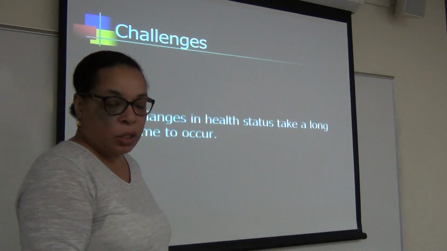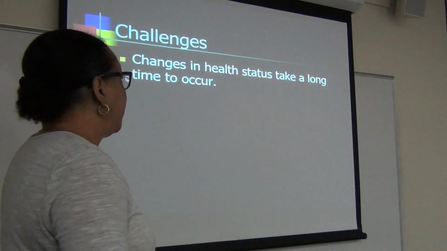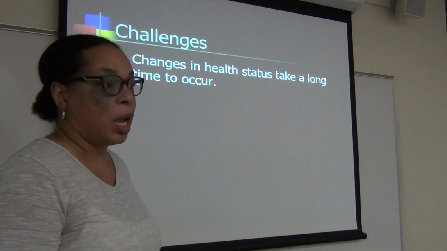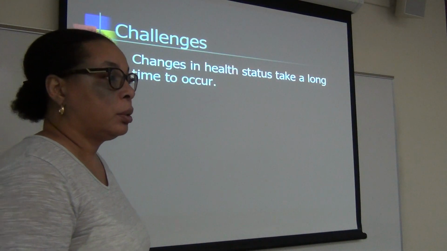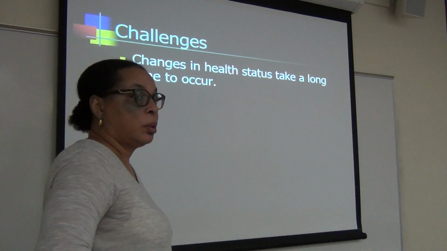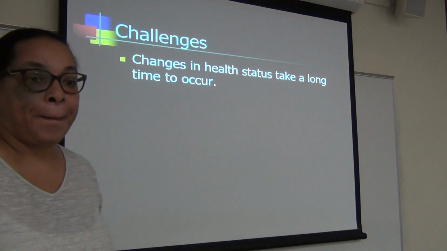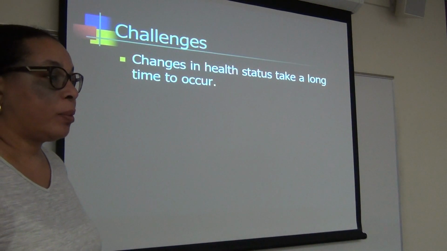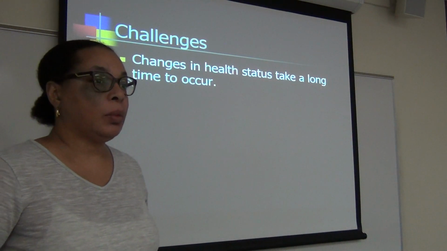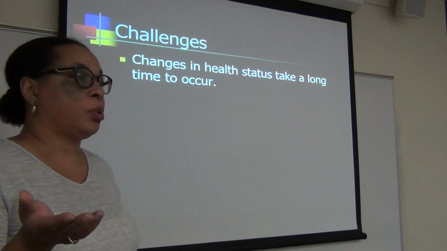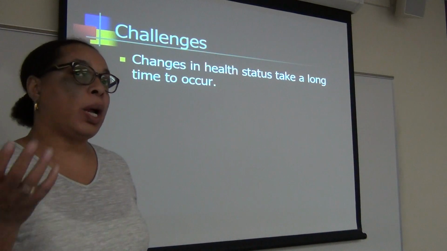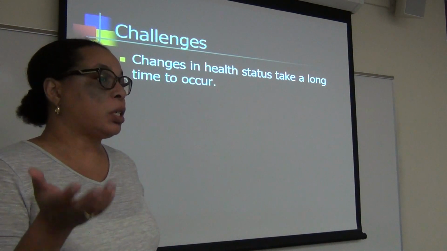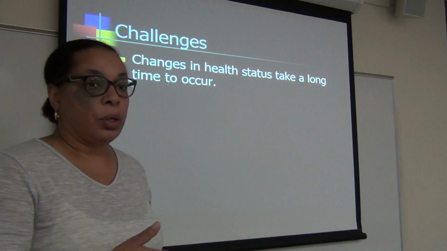So the challenges. Big challenge, obviously, is that changes in health status can take a long time to occur. Think about it in terms of a chronic disease, say like cardiovascular disease. Changes in health status are going to take longer.